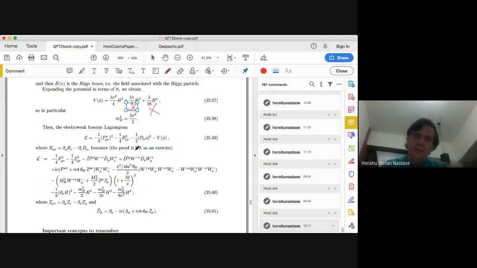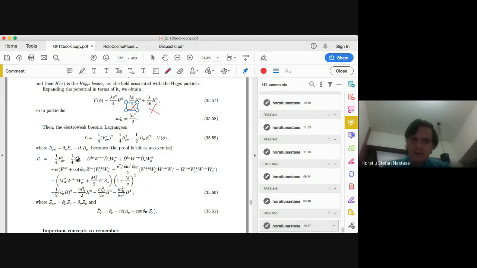And then I left it as an exercise for you to check that this is rewritten as, well, no surprise that the kinetic terms become the kinetic terms. The kinetic terms for the gauge boson becomes the kinetic terms for the other gauge boson. So the electromagnetic -1/4 F mu nu squared.